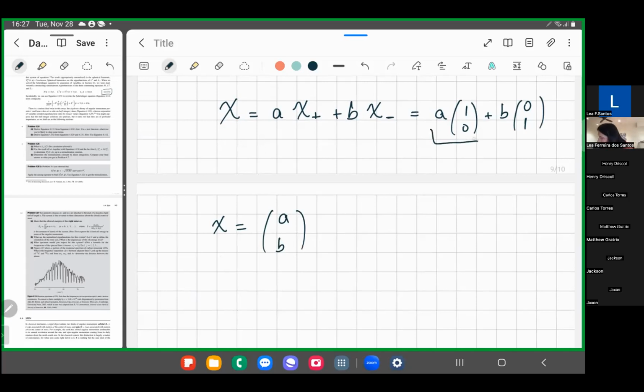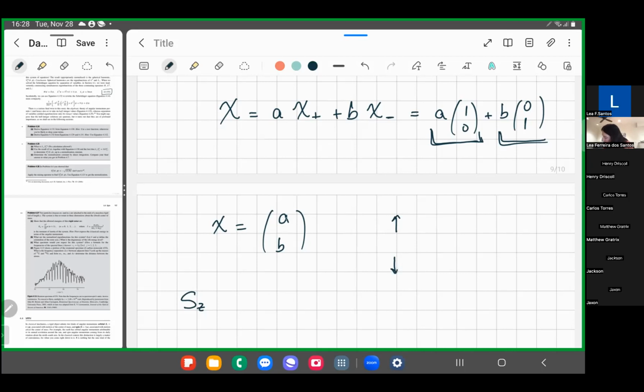This means the state of this spin is a superposition, a linear combination of two possibilities. What we are saying here is that this spin is not just pointing up, it's not just pointing down, it's a superposition of up and down. If I measure the z component of the spin, it will collapse, either to the up case or to the down case.